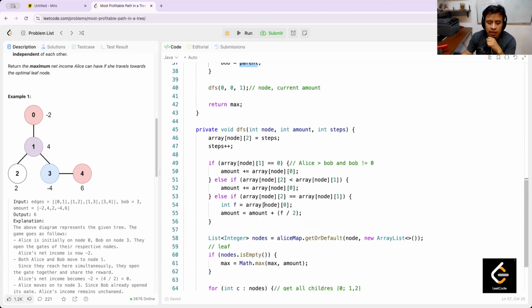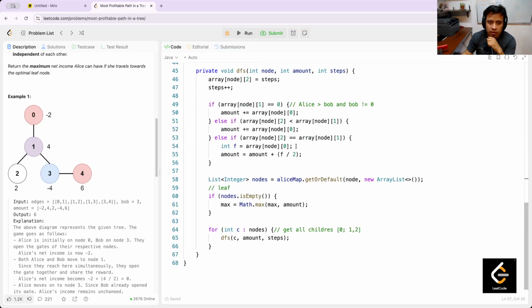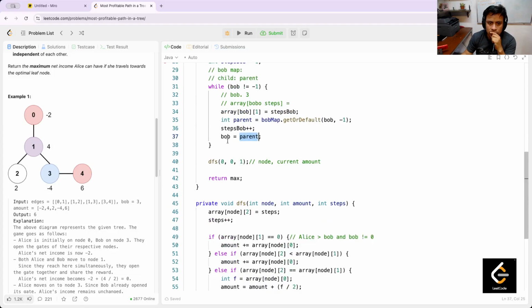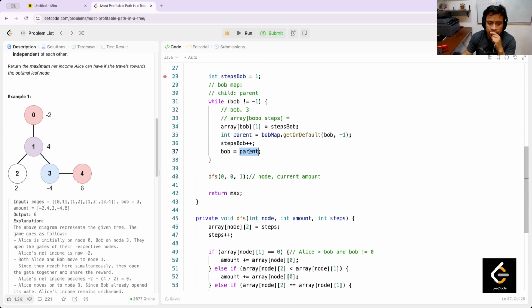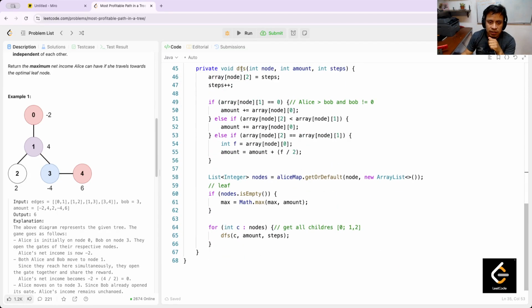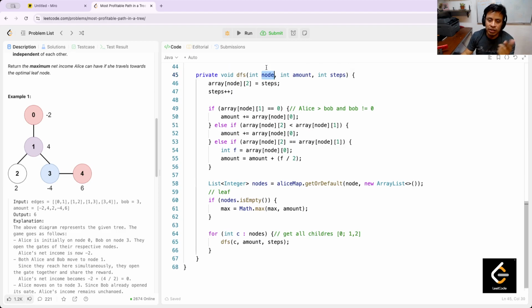Ah, yeah, because minus one is the default value here. While the parent is this, and the default is minus one. When we reach the root, the next doesn't exist, which means it returns minus one. In this moment it stops. But the interesting point here is that the DFS essentially receives the current node.